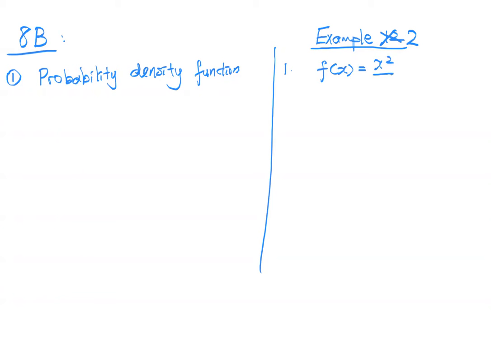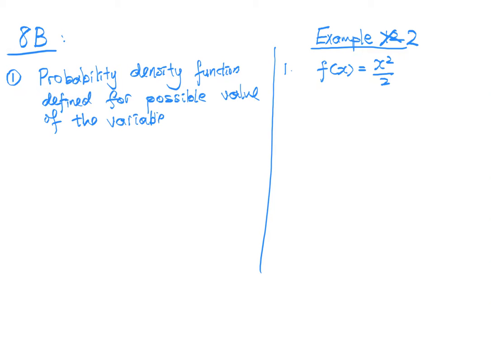It is x squared over 9, and they give you the possible values of the variable for which the probability density function is defined.